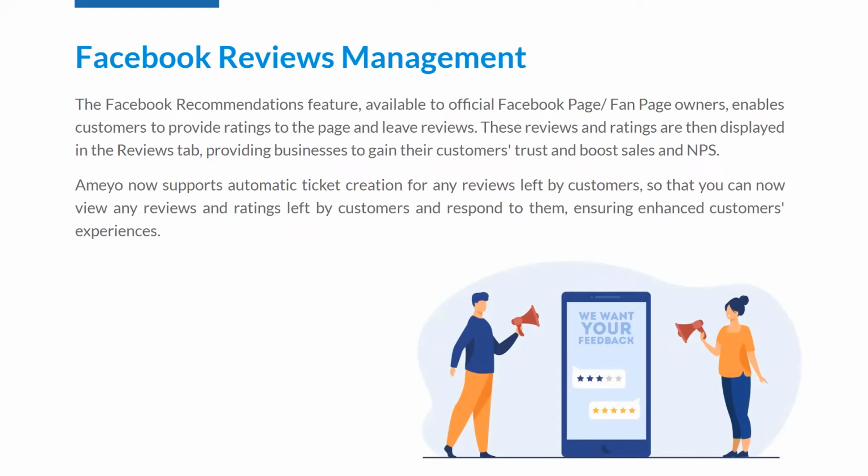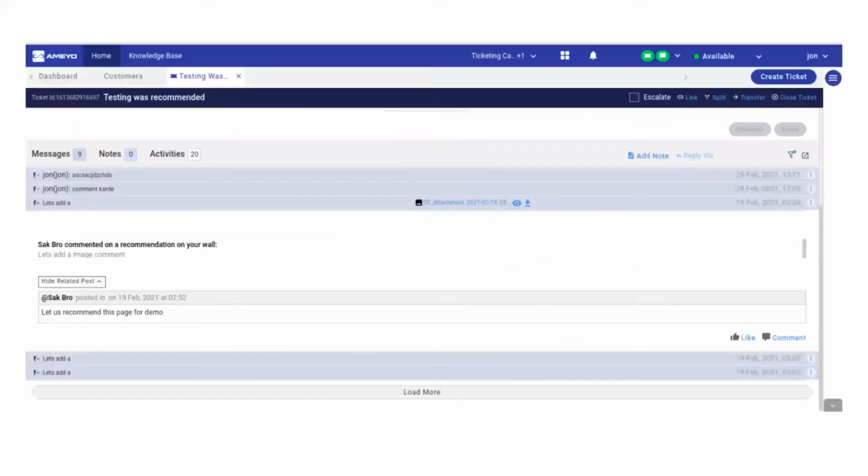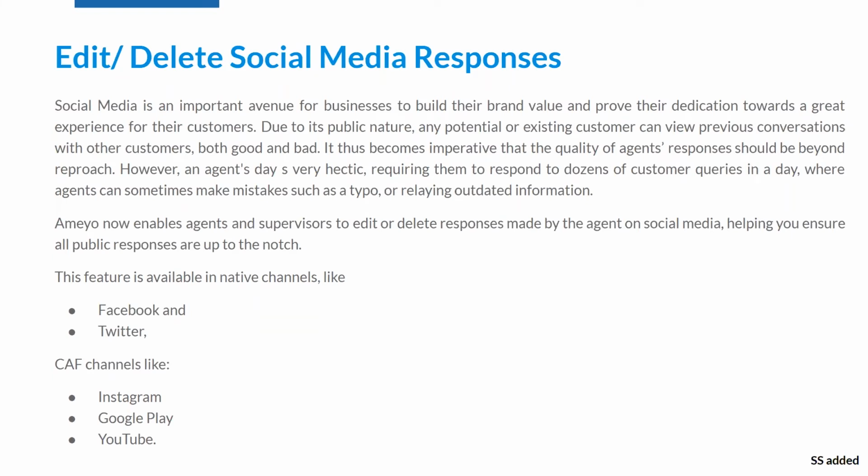And then your agents can actually respond to these reviews that your customers have left on the Facebook page. So this is an example of where a review was left for the business and the agent was able to respond back. Next up, we have a feature that is called Edit Delete Social Media Responses.